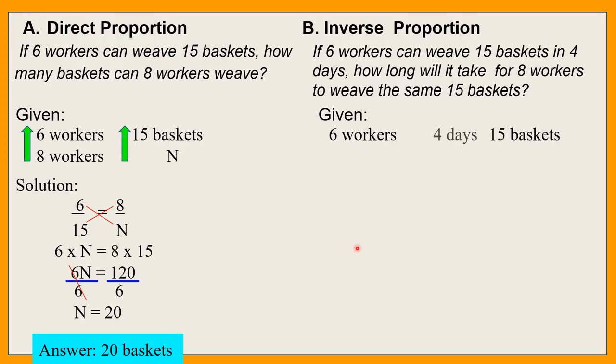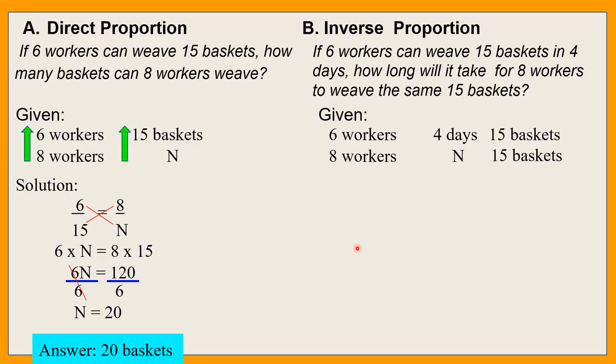Gagawin nila ay 15 baskets in 4 days. Kung 8 workers na ang gagawa, kaya lang parehong 15 baskets ang gagawin. 4 days pa rin ba? O di ba mas lalong bibilis? Dapat liliit yung number of days dyan. So, yun yung isosolve natin.